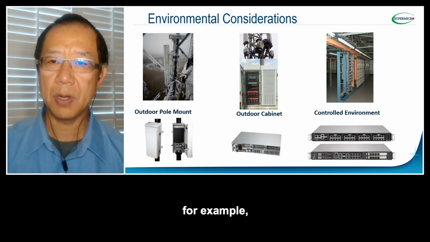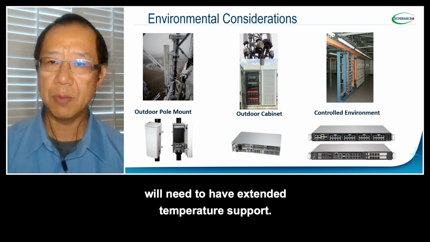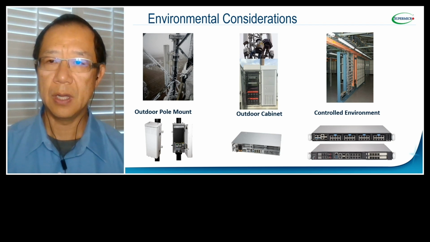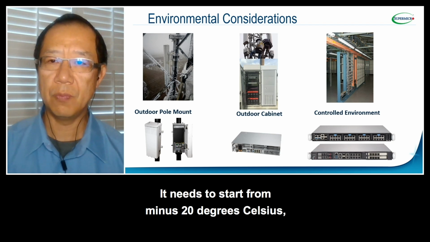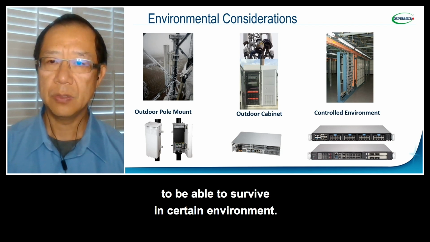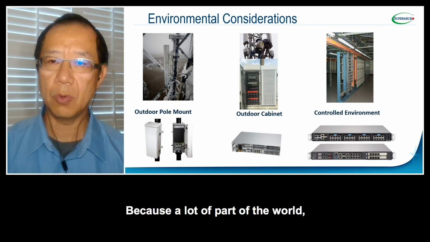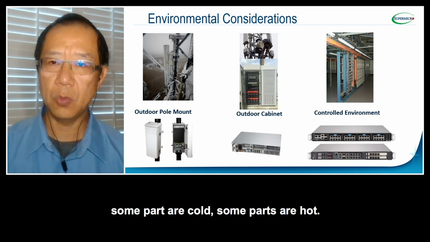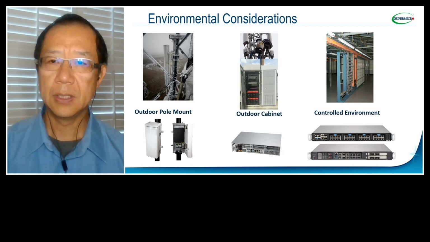The DUs, for example, will need to have extended temperature support. It needs to start from minus 20 degrees Celsius, for example, or go up to 50 or 55 degrees Celsius to be able to survive in certain environments, because in a lot of parts of the world, some parts are cold, some parts are hot.